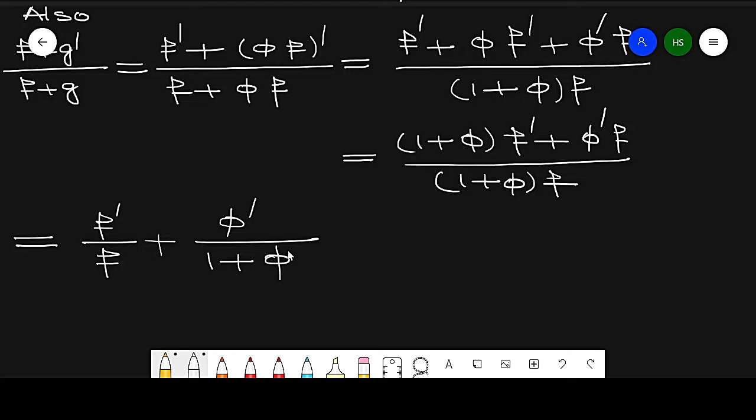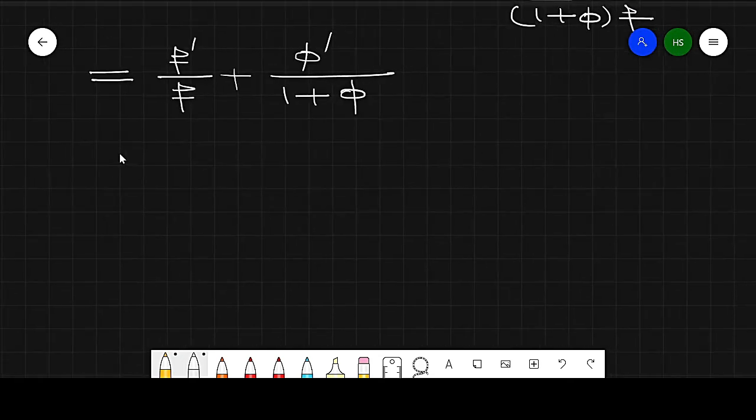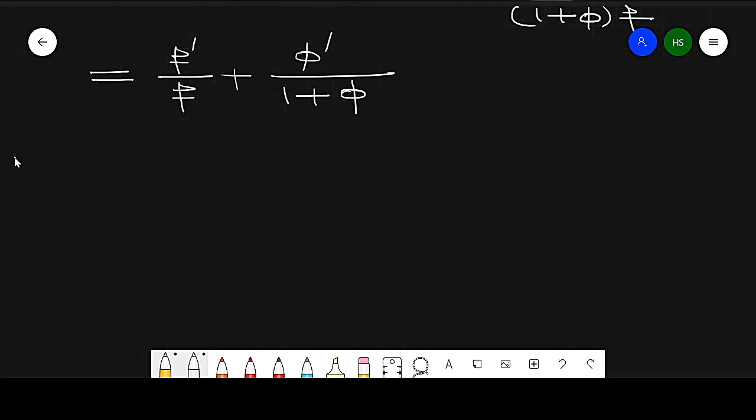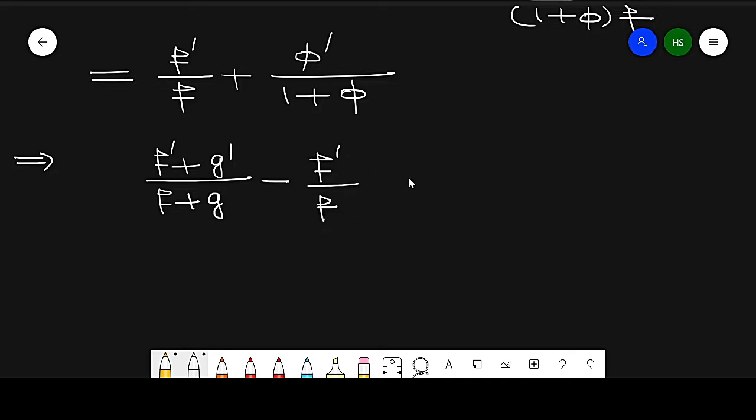So it implies f dash plus g dash over f plus g minus f dash over f is equal to phi dash over 1 plus phi.